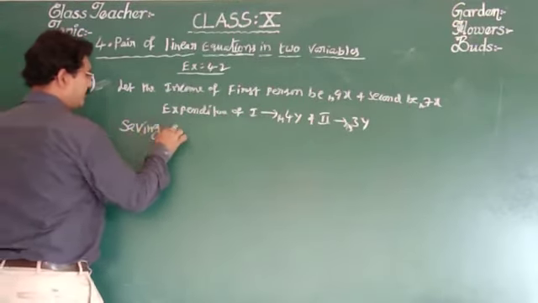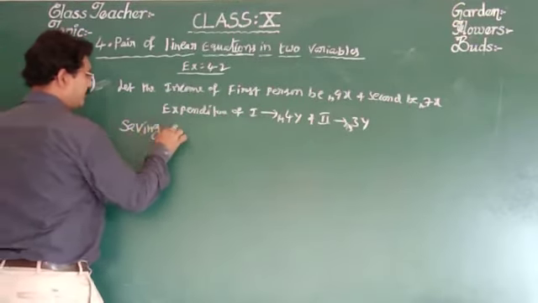Savings means income minus expenditure. We are talking about the first person only. First person income is 9x. First person expenditure is 4y. So 9x minus 4y. Both persons manage savings of 2000 per month. So 9x minus 4y is equal to 2000, call it equation number 1.